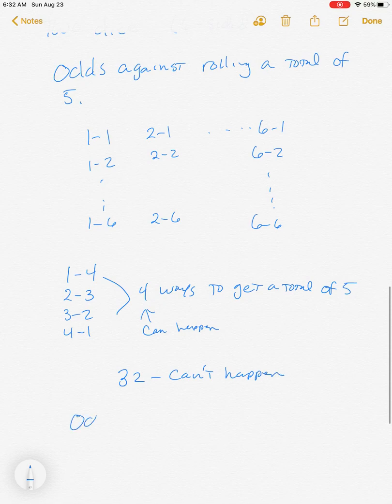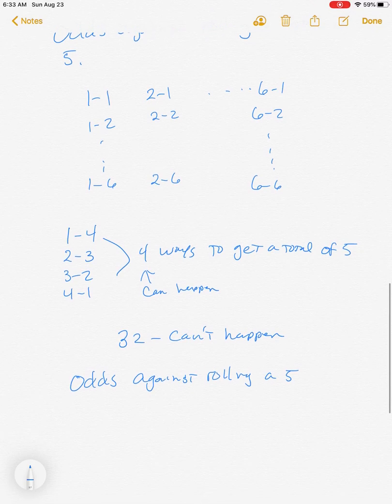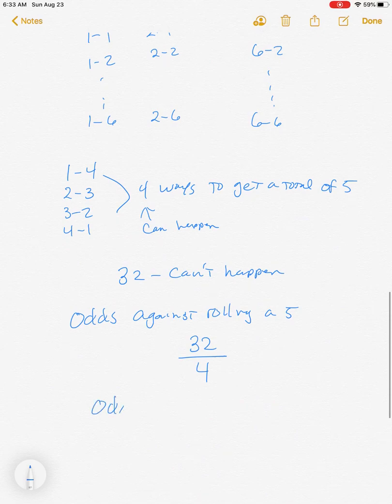So if I want odds against rolling a 5, against is negative, so in terms of a negative connotation, we're going to put the negative thing, it not happening, over it happening. Okay, and if it was odds in favor, all it would be is reversed, can over can't.